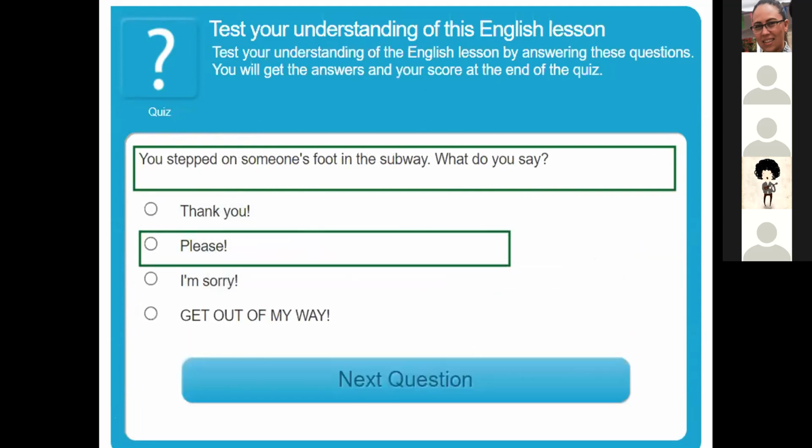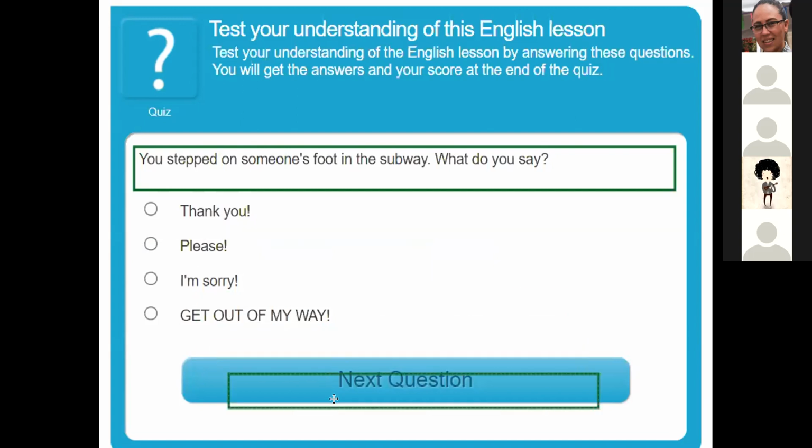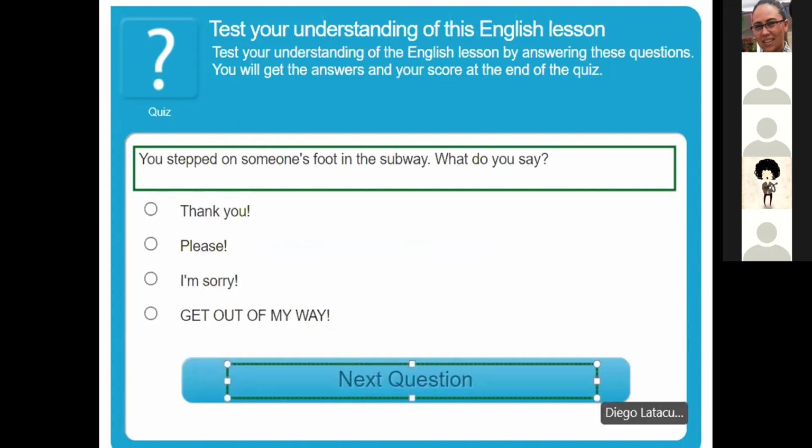Next question. Who can help me reading the next question? Who wants to help me reading? Or let's see. Ellie, can you help me?